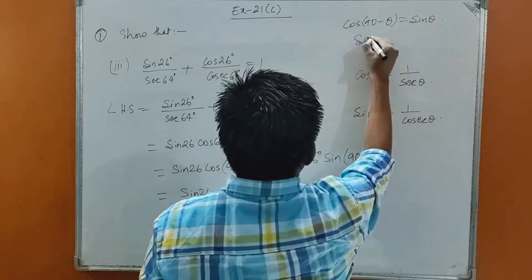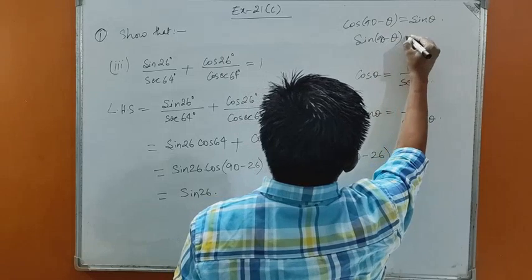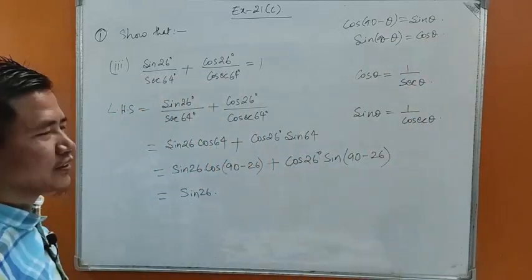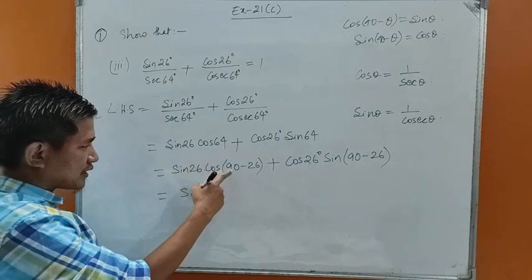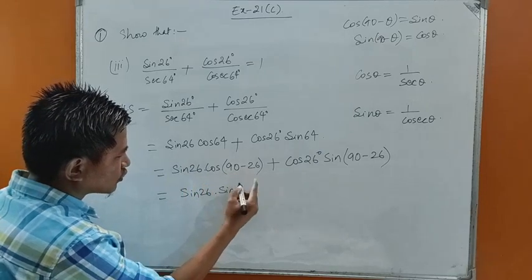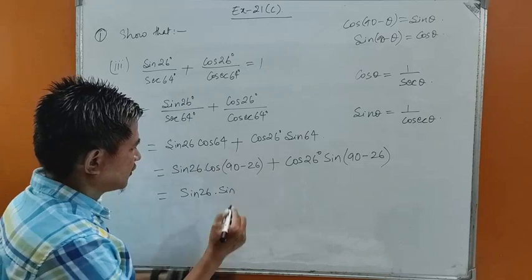And sin 90 minus theta equals to cos theta. We know this formula, isn't it? So this sin 26 is sin 26, so cos 90 minus theta is sin theta. And what is theta here? Theta is 26, not 6, 26, okay?